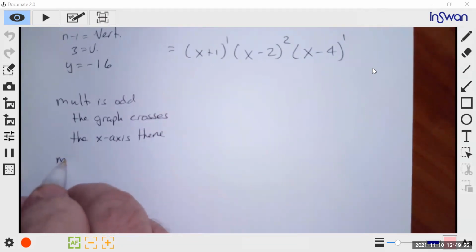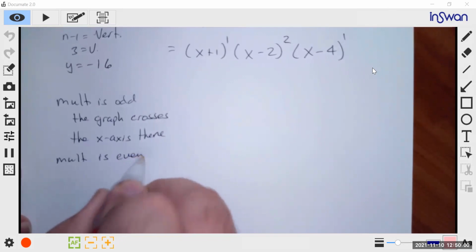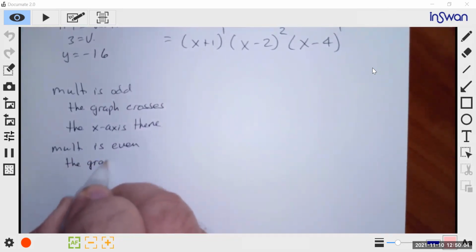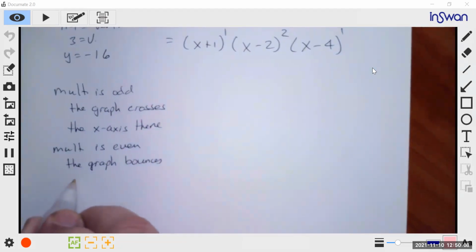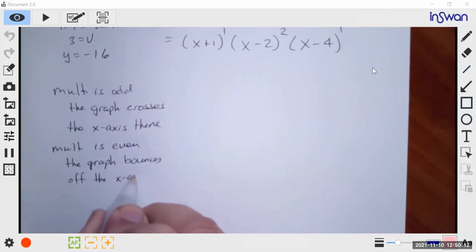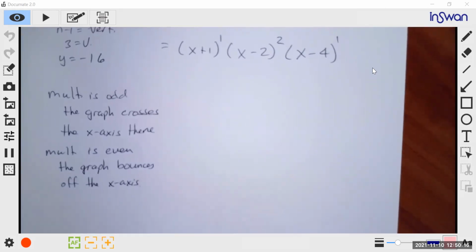If it's even, the graph bounces off the x-axis there. So knowing the multiplicity of the factors is important.